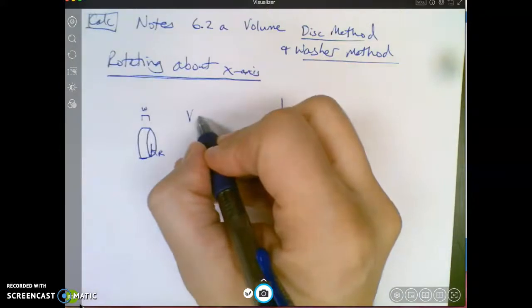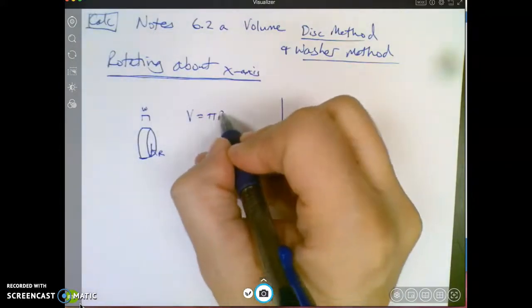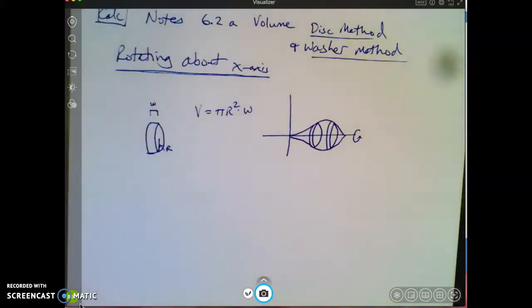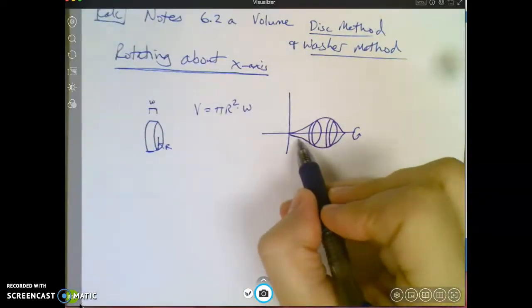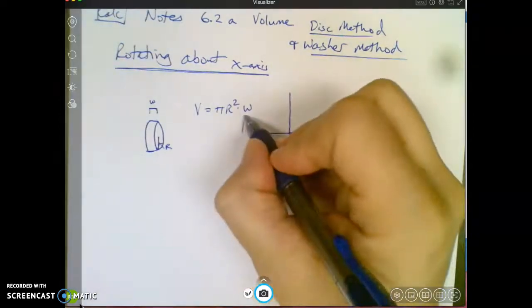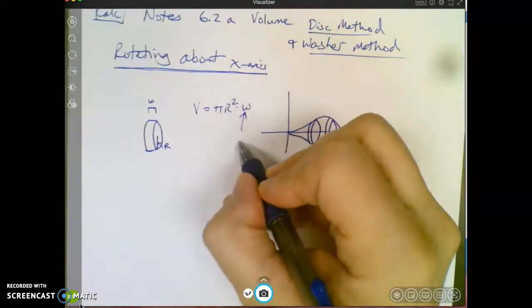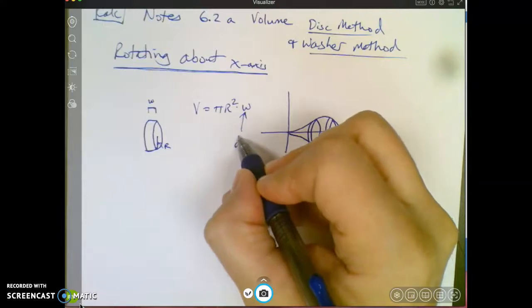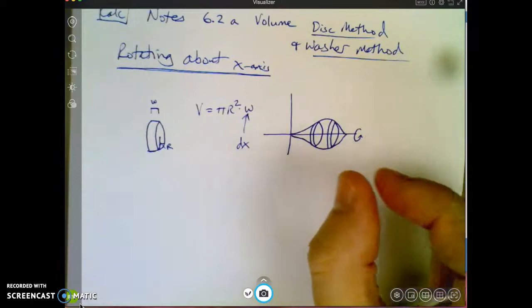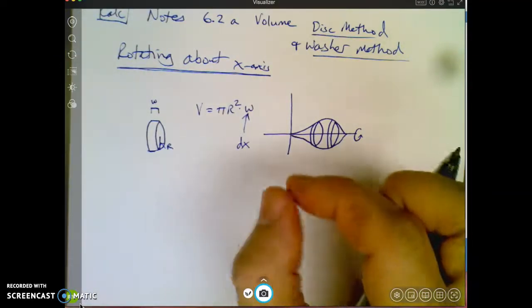Well, guess how you find the volume of a disc? The volume of a disc is pi r squared times width. Okay, well, what's kind of cool is as you get tinier and tinier little slices, because we're trying to get exact, we can change the width into change in x, or delta x, how tiny it gets. It's so small we don't even have a width to it, and we call it delta x.